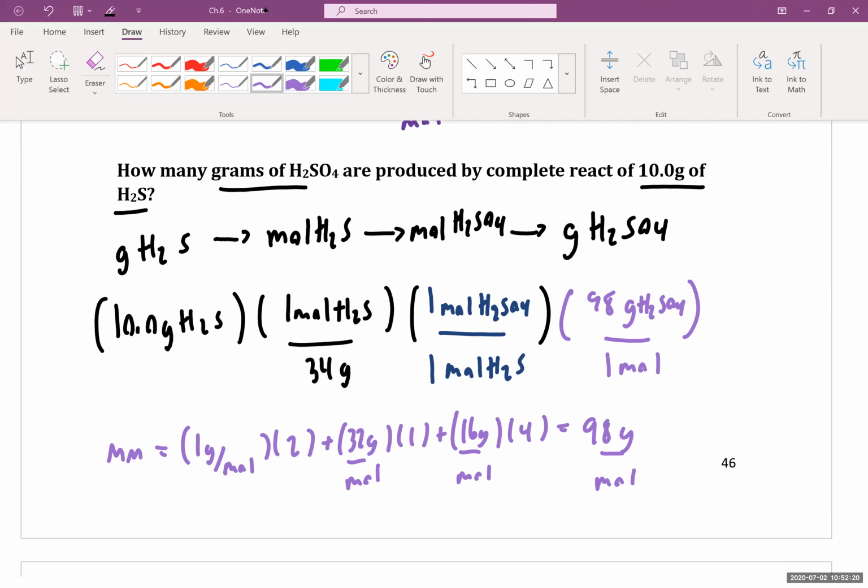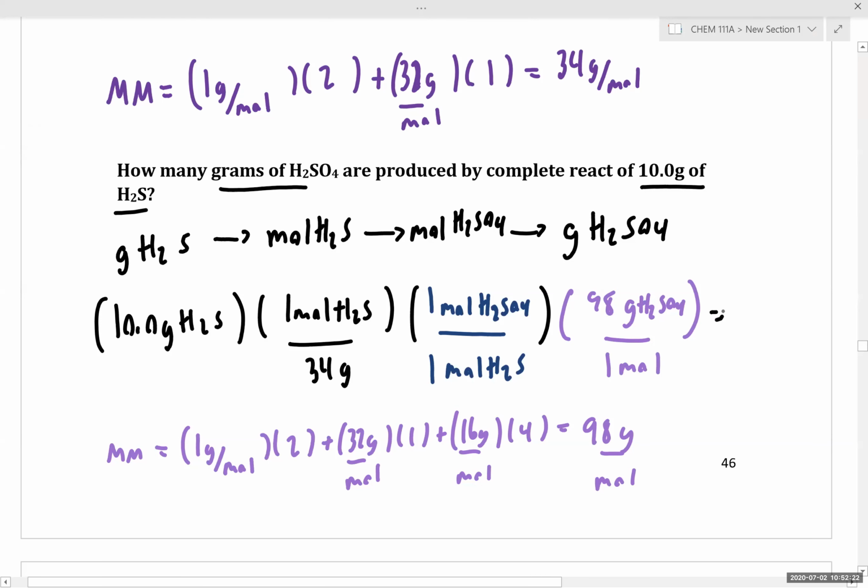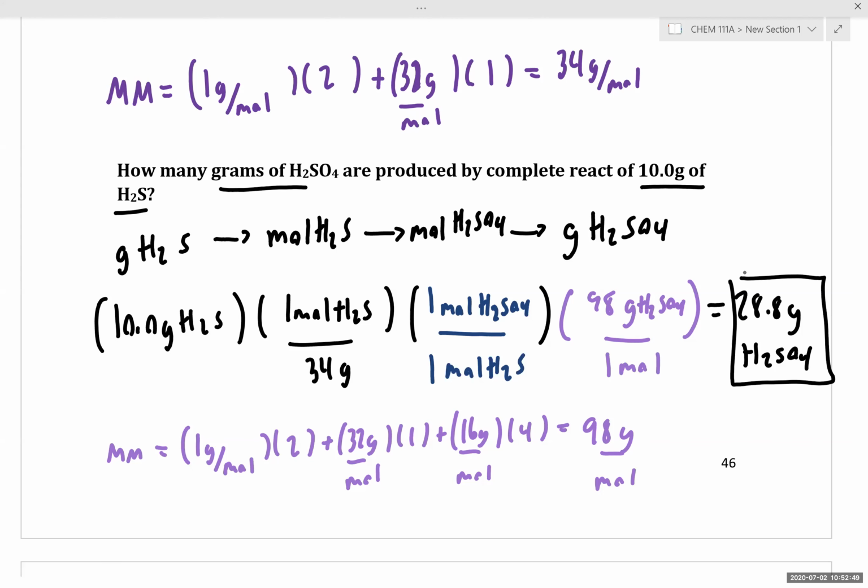Okay, so punching this into our calculator, that would give us 28.8 grams of sulfuric acid. Any questions on these examples?